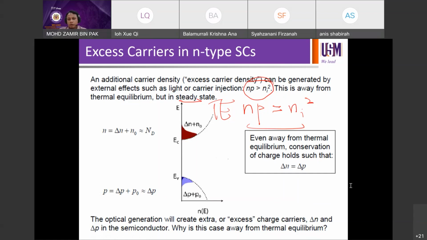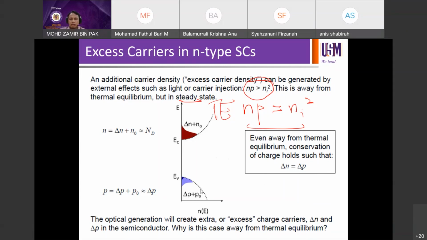If you answer incompletely, it's not complete, because you may have external agents acting on the system but with varying levels as time goes on. And that is not a steady state condition because there is variation in the level of external agents acting on the semiconductor. So you need time to be constant, right? Yes, thermal energy doesn't change. So in this case, it's far away from thermal equilibrium, but in steady state condition.